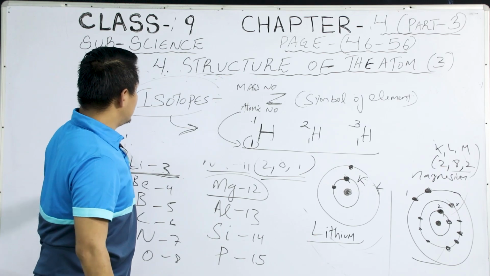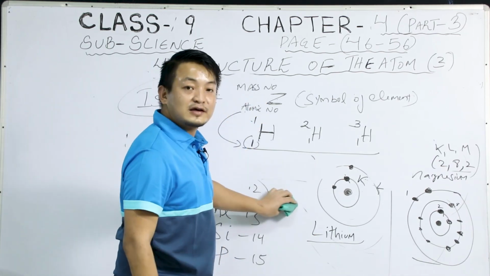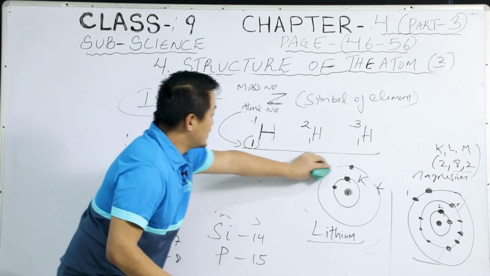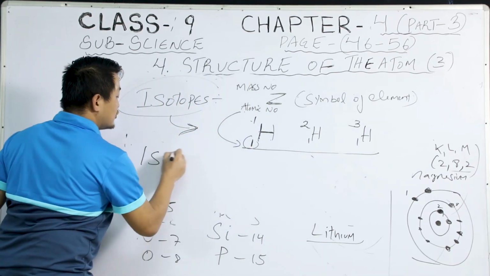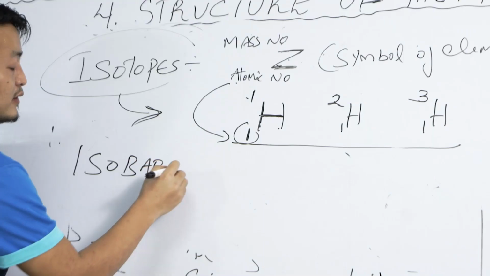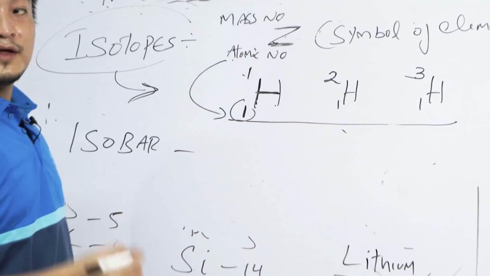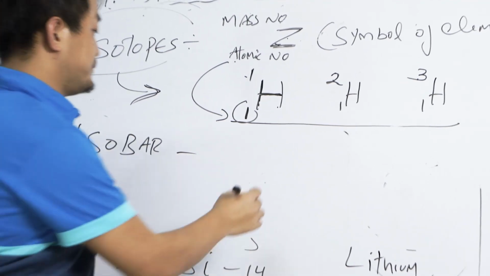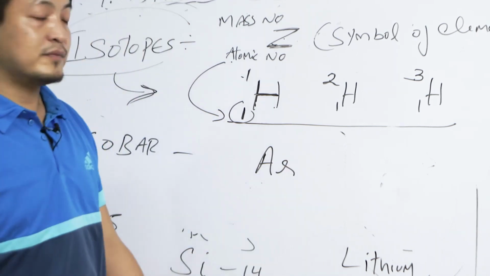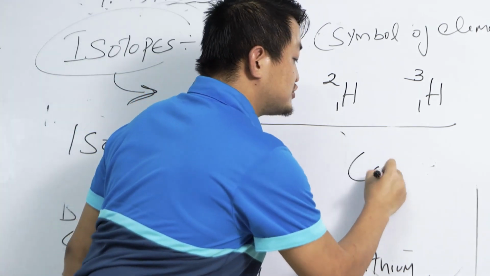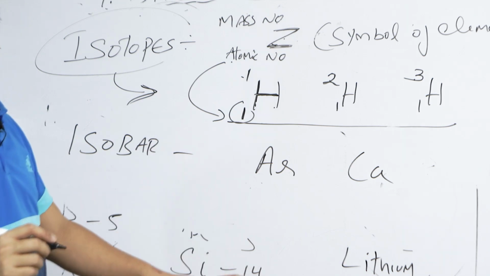Clear? Now, the last topic would be isobar, okay? I'll just give you an example. In isobar, we have 2 different elements, okay? Let's say we have argon and we have calcium. Now, their atomic numbers are different.